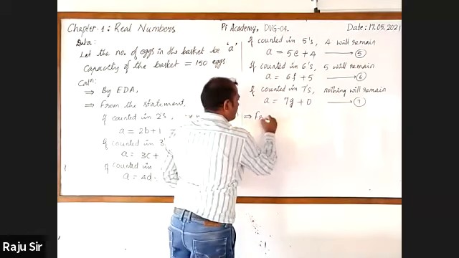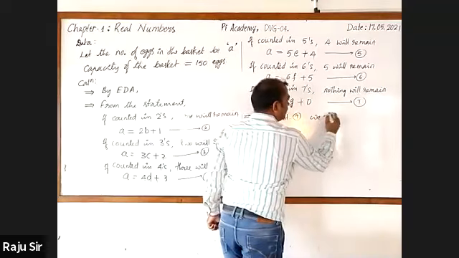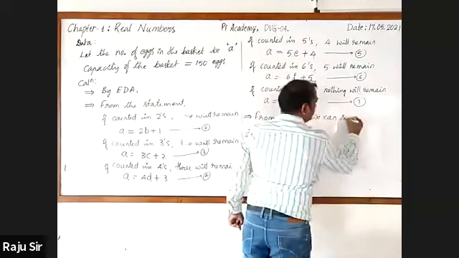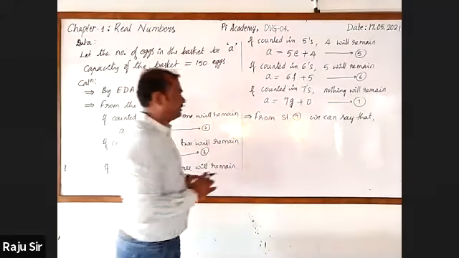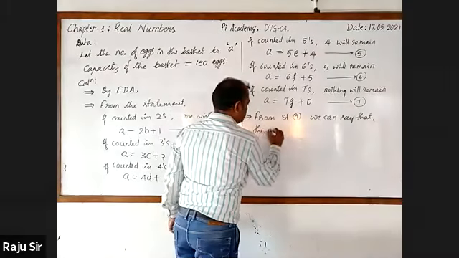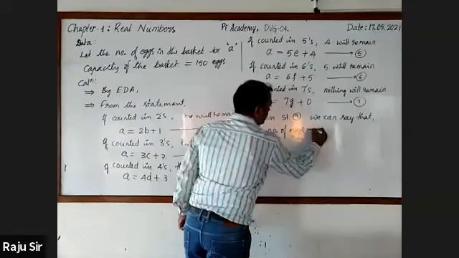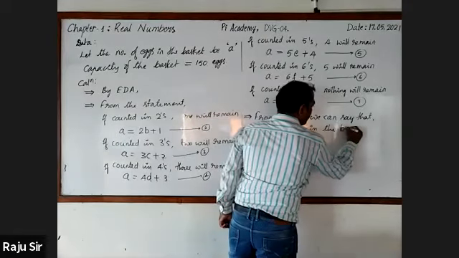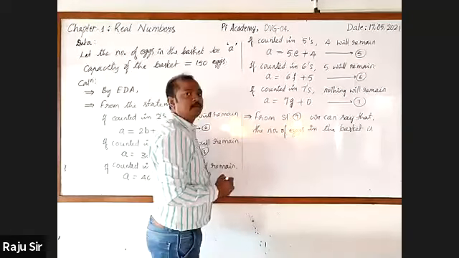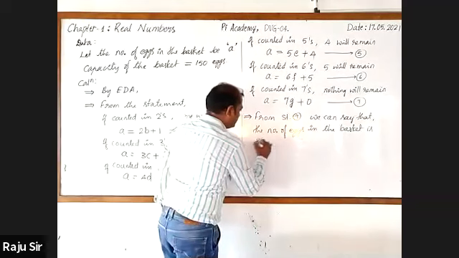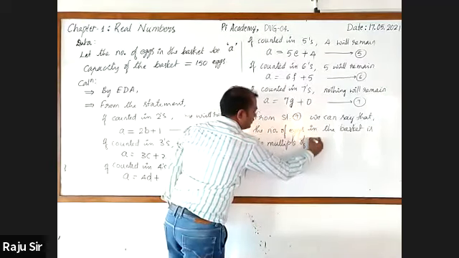From statement 7, we can say that the number of x in the basket is a multiple of 7.